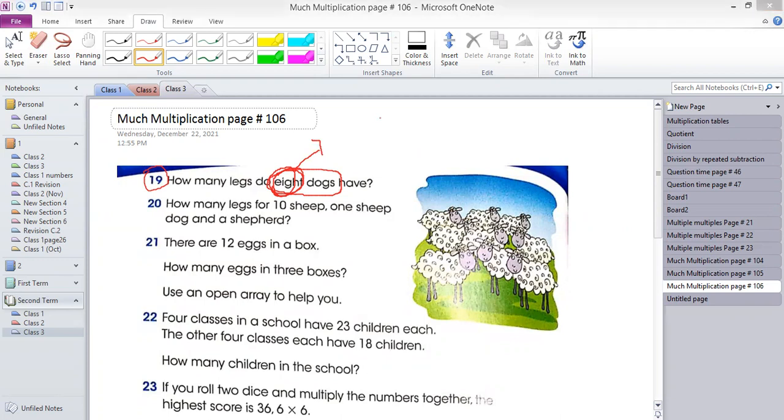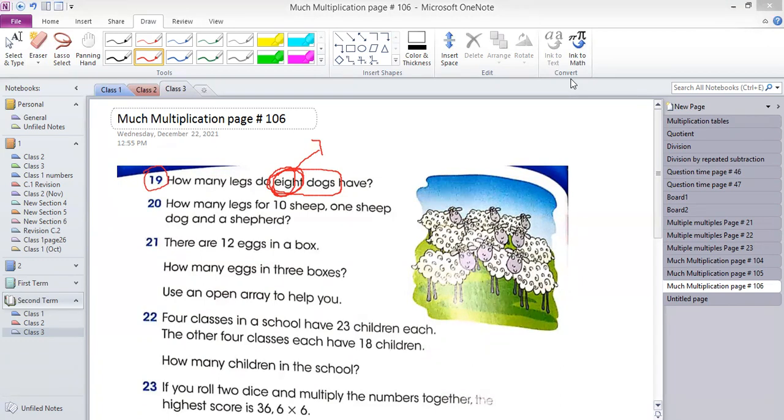I'm going to take one student. Ayman, can you answer it? One dog, 4 legs.